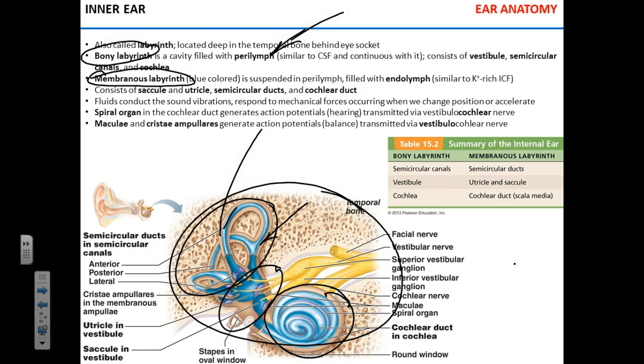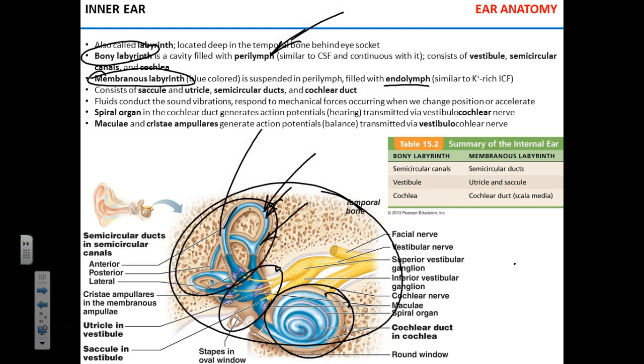Does it make sense? Now, a membranous labyrinth, which on the picture is shown as blue, is a membranous, tubular structure that floats inside of the bony labyrinth. That blue color shows that the membranous labyrinth is filled with a fluid called endolymph.